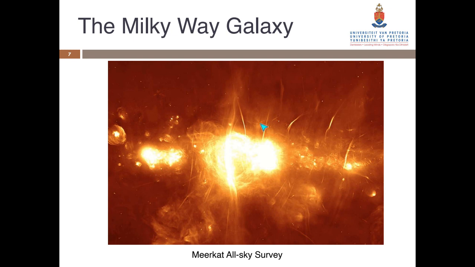Something from this image that puzzled astronomers is still puzzling us. You see these filaments popping out. We have no idea what that is and what causes it. That is something still being investigated. That was one of the remarkable findings of the Meerkat telescope.